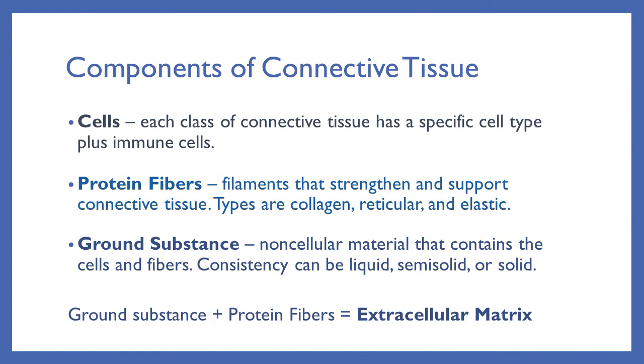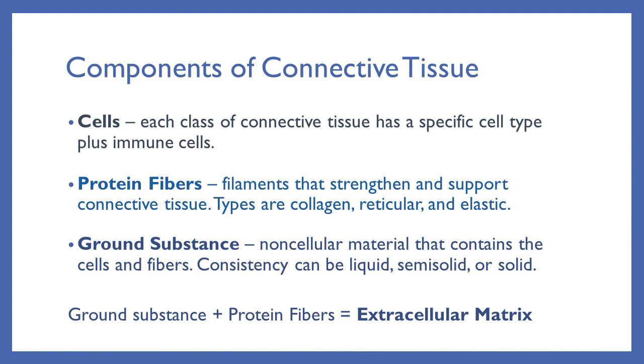So those components that we just went over are cells. Each class of connective tissue has a specific cell type. Plus, there are often immune cells located there as well. They have protein fibers, which are filaments that strengthen and support connective tissue. Types are collagen, reticular, and elastic.